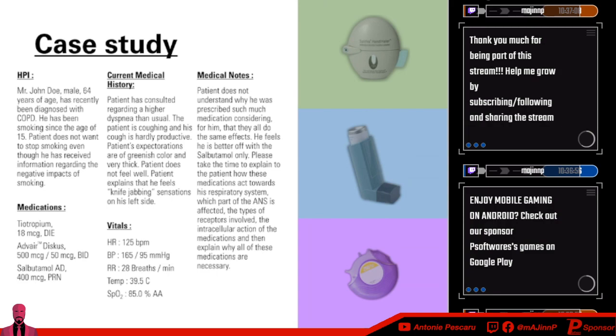Please take the time to explain to the patient how these medications act on his respiratory system, which part of the ANS, otherwise known as the autonomic nervous system, is affected, the type of receptors involved, the intracellular action of the medication, and then finally explain why all these medications are necessary. Who? The doctor, the resident, or the attending has a lot of stuff we want to educate the patient on.